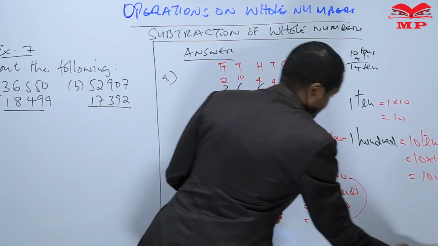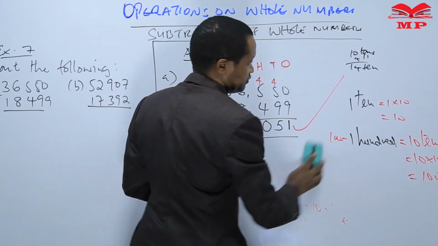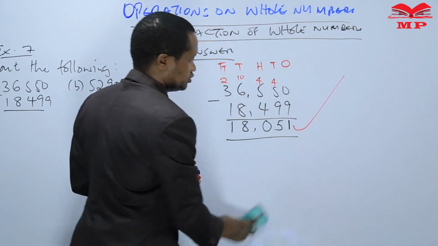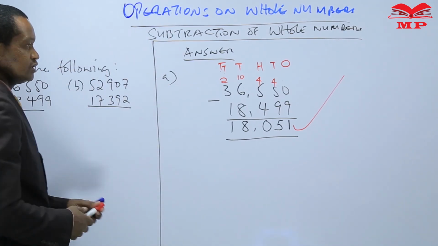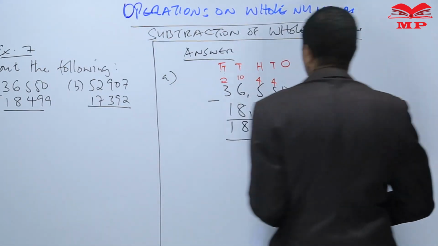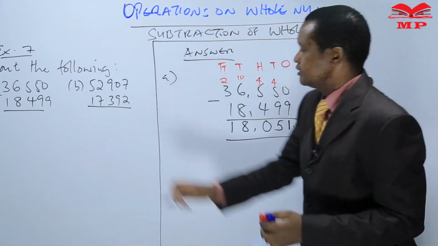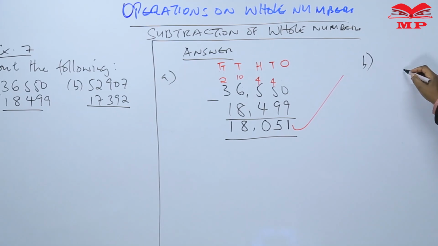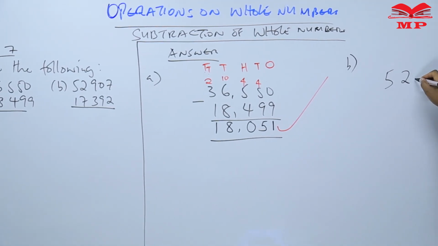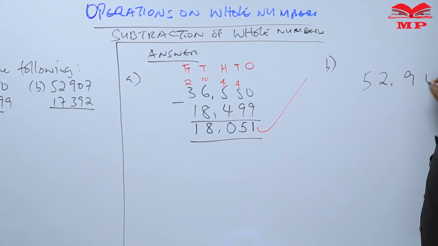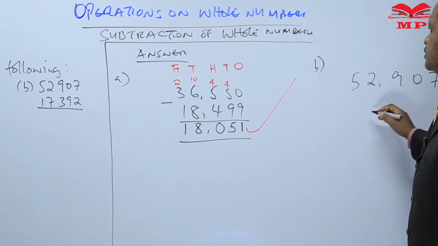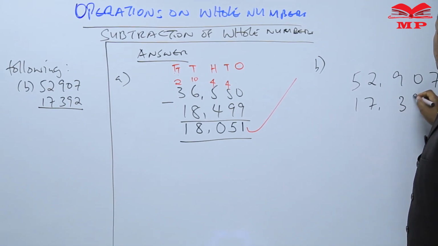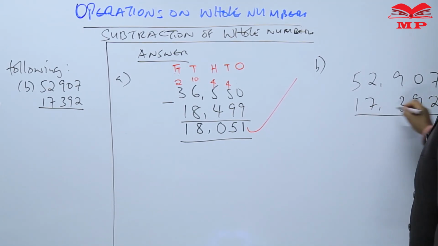Okay, learners, this is what we covered in our previous classes. What we are doing is just revision. So let's come to part B. We want to subtract 52,907 minus 17,392.